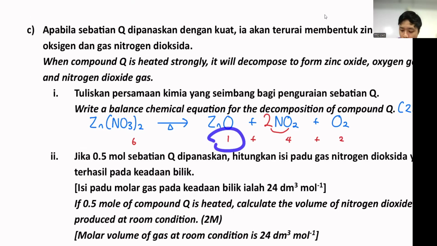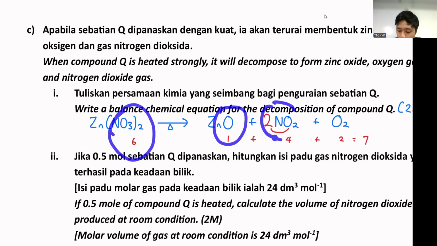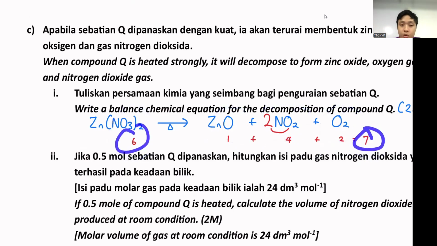So 1 plus 4 plus 2 is 7. So we got 6 and 7. In this case, is it not balanced? Left side got 6, right side got 1, 4, 2 means 7. 6 and 7. So how?